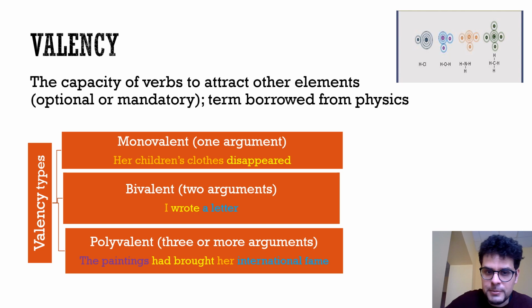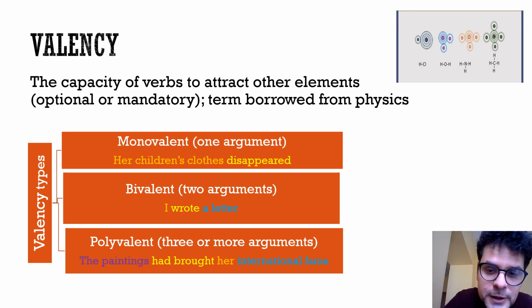Let's give some examples. Let's read the first sentence: her children's clothes disappeared. If we look at the verb disappeared, we see that this verb only needs a subject, her children's clothes. Of course it wouldn't make sense if I only said disappeared, because you would be asking who.